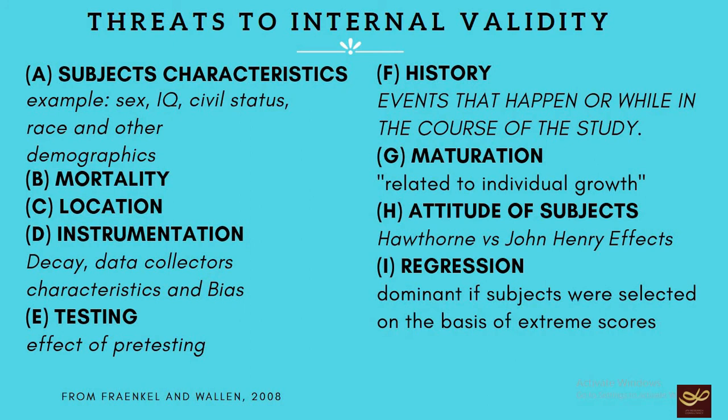Regression. This is the second to the last under our threats to internal validity, has something to do with the situations wherein your respondents are already on the extreme scores. What do we mean by this? Let's say you have a group of students who were selected in the first place because they have extreme scores. Nag-pretest ka, 1 to 100, their score is already 95. May iaangat pa ba?